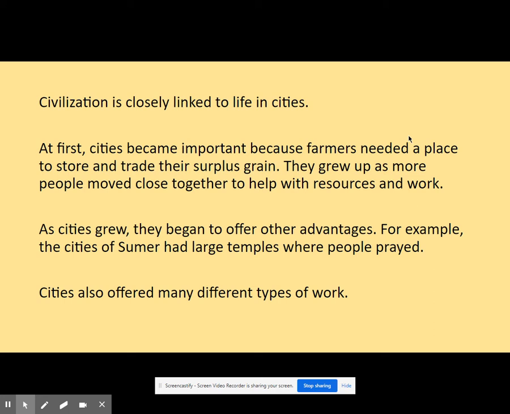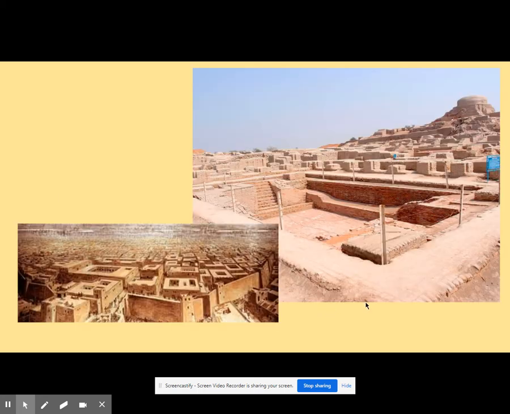So cities are going to start to offer things that are not just about farming and work. They are going to start offering things like for religious purposes. But they're also going to start to show an increase in many different types of work that are not just about farming anymore.